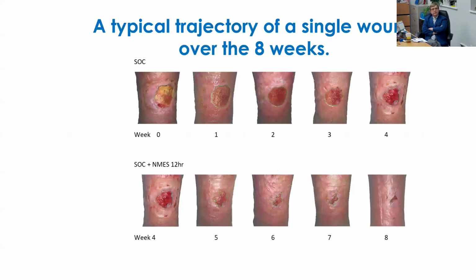Next. And this just shows a patient with standard of care, and you can see the ulcers much the same at the end, and a patient with the neuromuscular stimulator and electrical stimulation. And you can see at the end, this is almost healed at week 8.